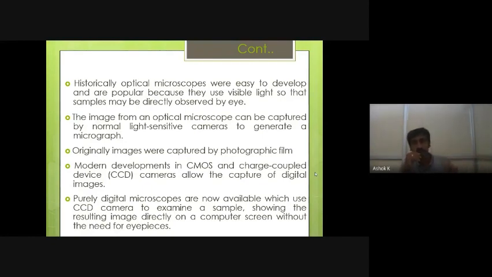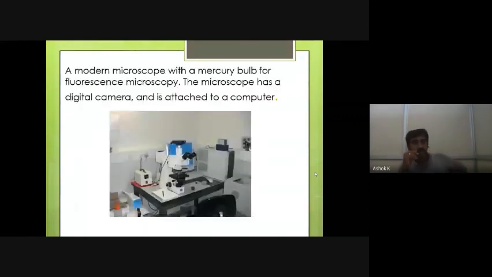Now with the advanced optical microscope, we place the sample and directly see the image on a computer screen. So that is the development of the optical microscope now. This is the picture of the optical microscope.